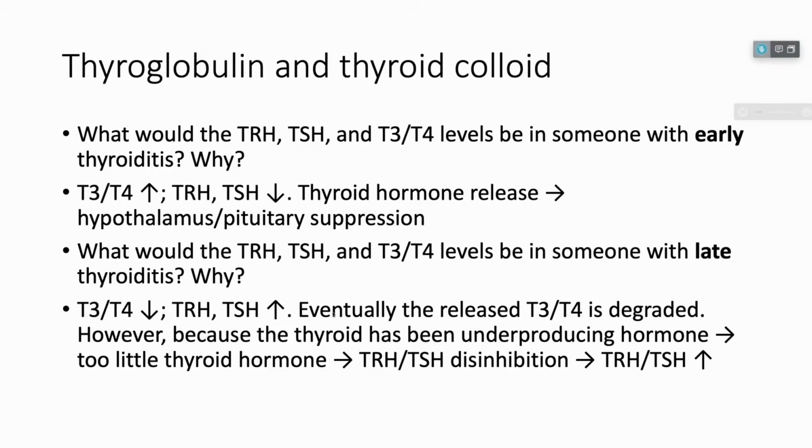So good. That's good. So yeah, the problem is that you've released all of the T3 and the T4, and it's been degraded in your body like all hormones eventually do. But because the thyroid has had too low of TRH and TSH for too long, you haven't replaced it. You don't have it. And so now you have too little thyroid hormone, which causes disinhibition of TRH and TSH, which causes an increase in TRH and TSH, right?